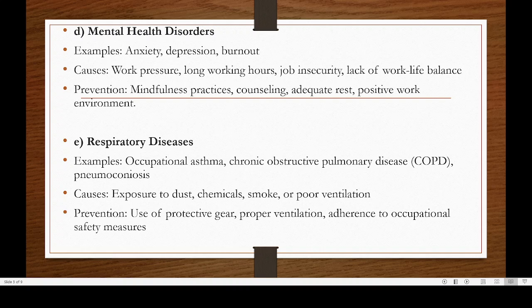Then mindfulness practice, counseling, adequate rest, and a positive attitude. This is also an important thing. You cannot do much to change the situation in your office. When you move to a new office, sometimes you find really irritating, nasty, very troubling people. Then what can you do? You cannot change their nature.